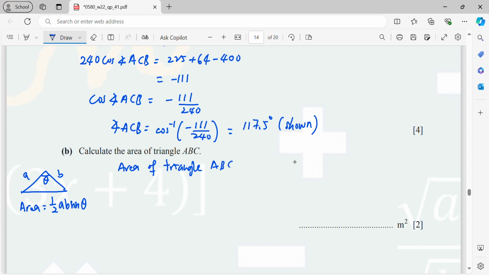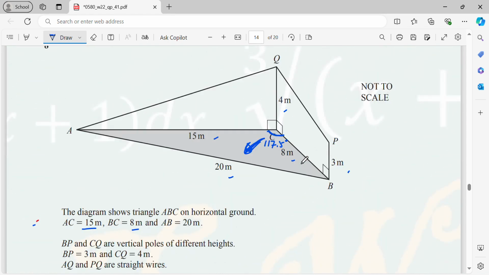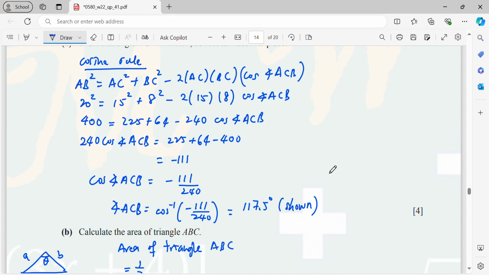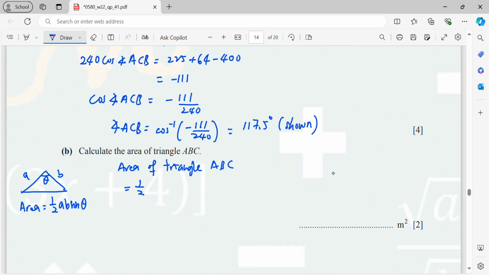Since we have found the angle ACB, I will use these two sides, 15 and 8, together with the angle. So it will be half times 15 times 8 times sine 117.5 degrees. At last, you will get 53.2. That is the area of the triangle.